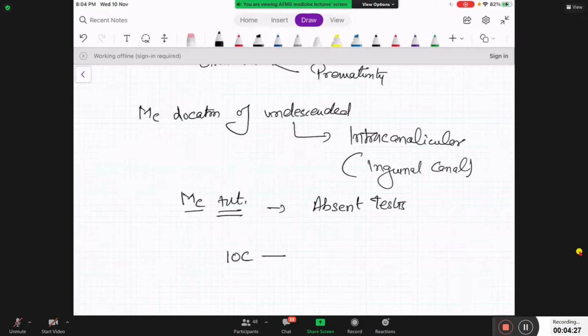Investigation of choice for undescended testes as per the latest is laparoscopy.